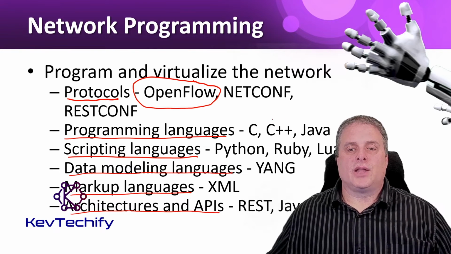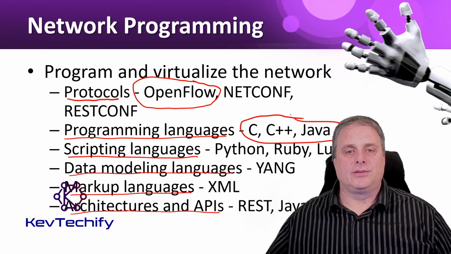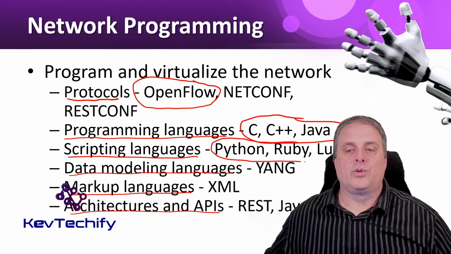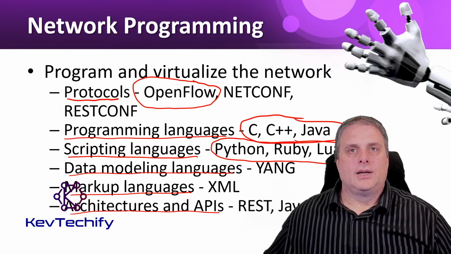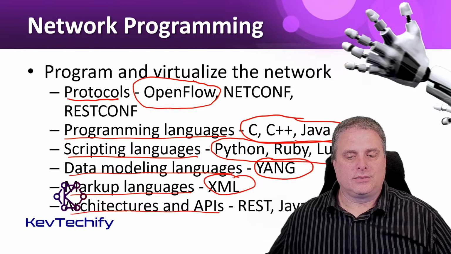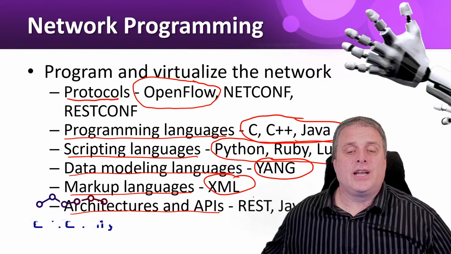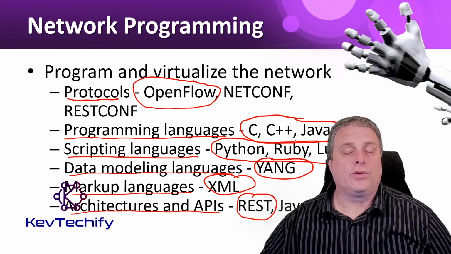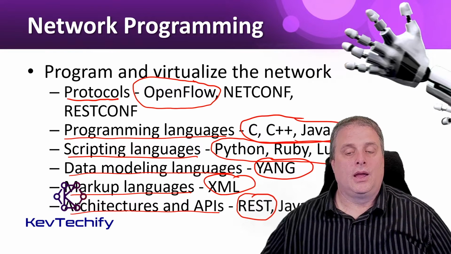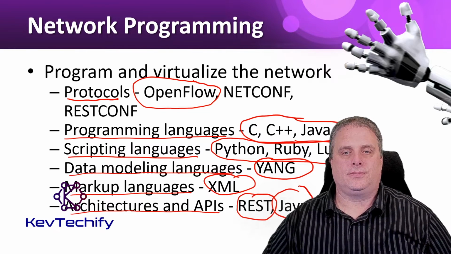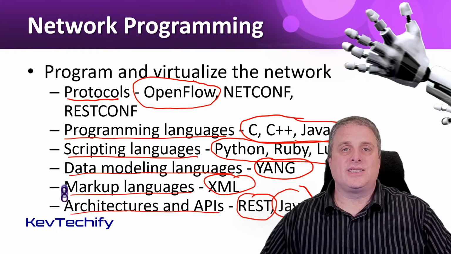Programming languages like C, C++, and Java, scripting languages like Python, Ruby, and Lua, data modeling languages like YANG, and markup languages like XML, and architectures and APIs like the REST architecture and API used over a web browser, and the Java API with all of its libraries and pre-written classes, blocks of code.